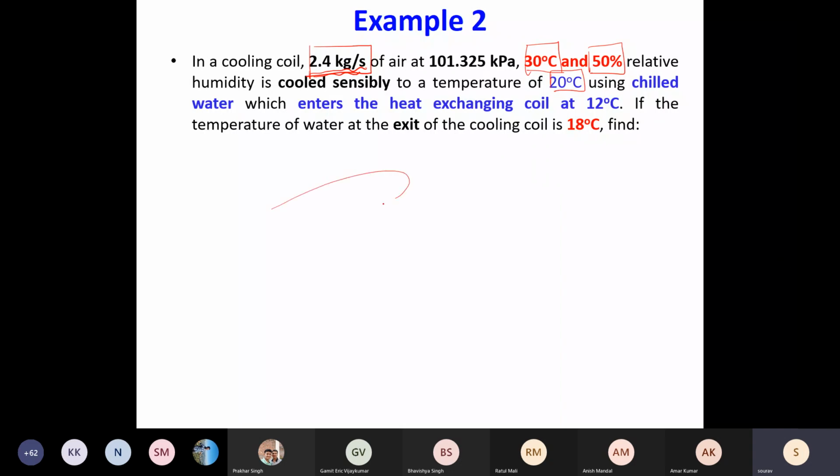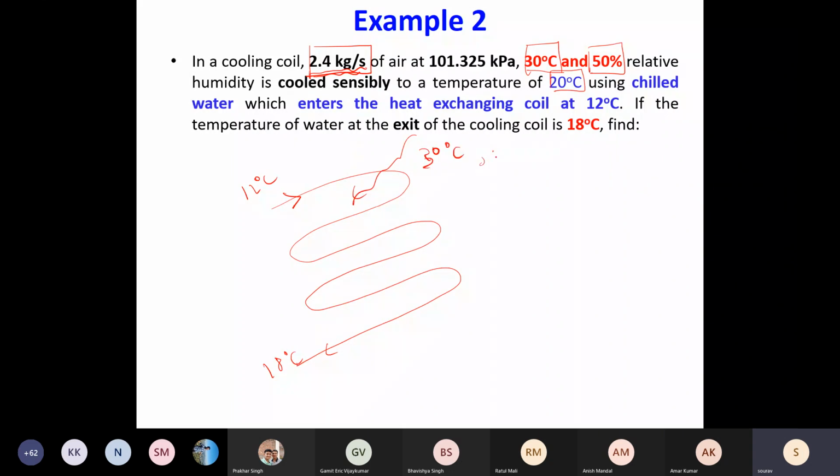This is a water-based cooling coil. Water comes in at 12 degrees C and leaves at 18 degrees C. And air comes in at 30 degrees C and 50% RH, and it sensibly cools to 20 degrees C.